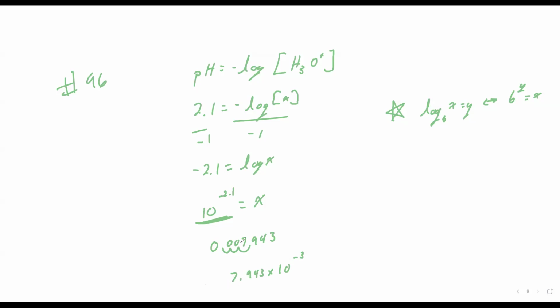If I have a number less than 1, I need it to be negative. If it's a number greater than 1, it would end up being positive. So that is your concentration there. And I believe they even went to just the hundredths place there, so I don't even think you need the 3. And then they do add that notation of moles per liter.